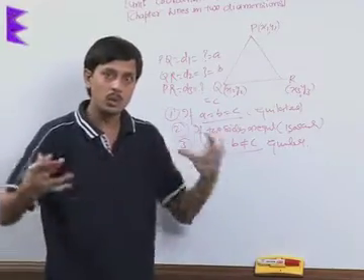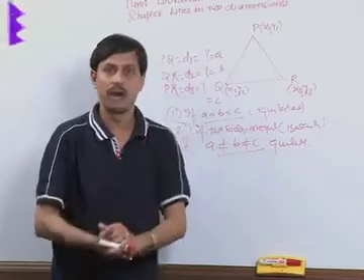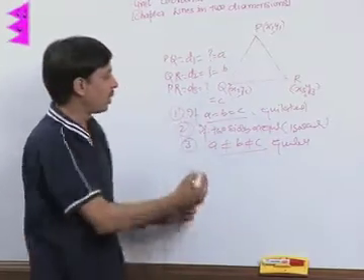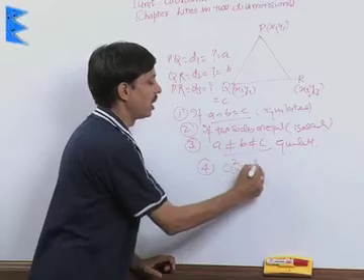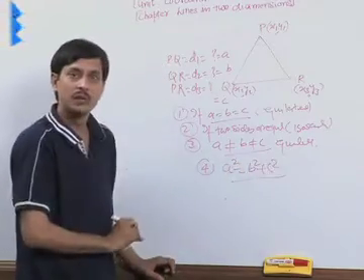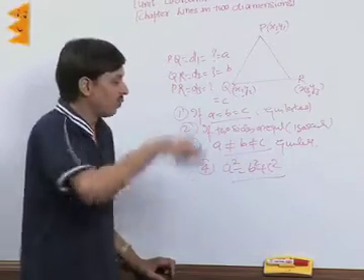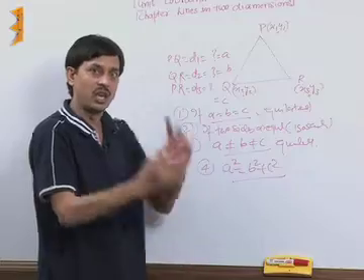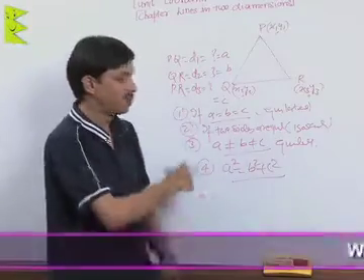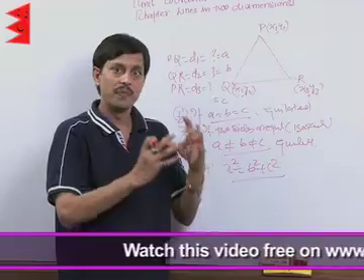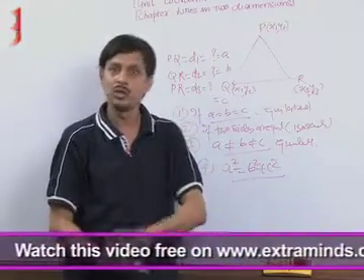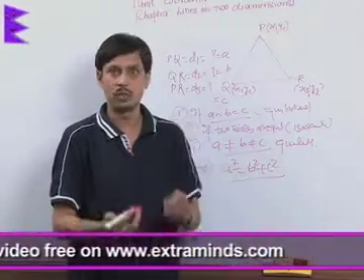Similarly, we can also observe one important fact: if the square of any of the sides, suppose A square, comes out to be B square plus C square, it means that using the converse of Pythagoras, the square of one side is equal to the sum of squares of the other two sides. So we conclude that the distance formula is very useful to decide the nature of a triangle.